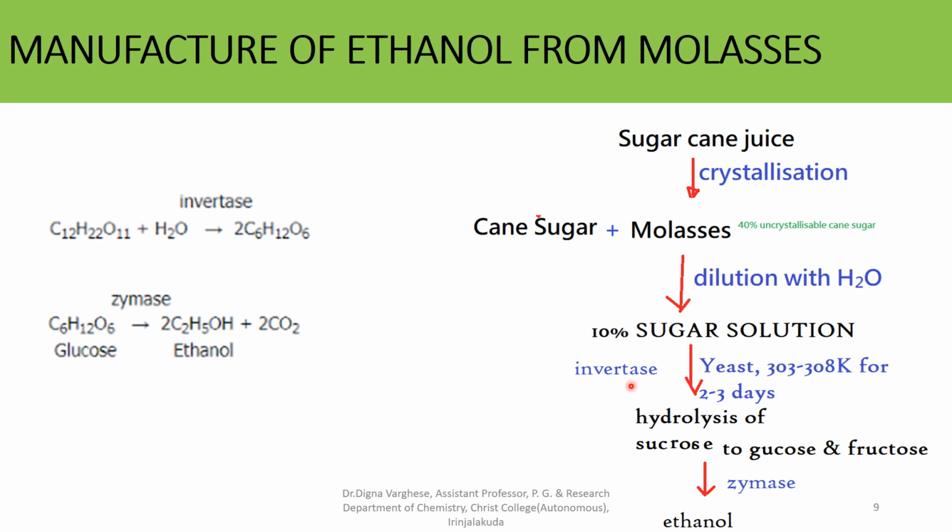The enzyme present in yeast, that is invertase, brings about the hydrolysis of sucrose to give glucose and fructose, which again react with the enzyme zymase present in the yeast and form ethanol. So we will get ethanol from molasses.